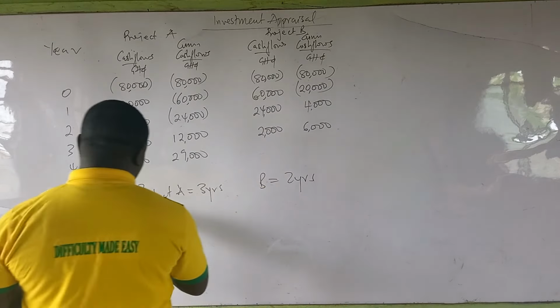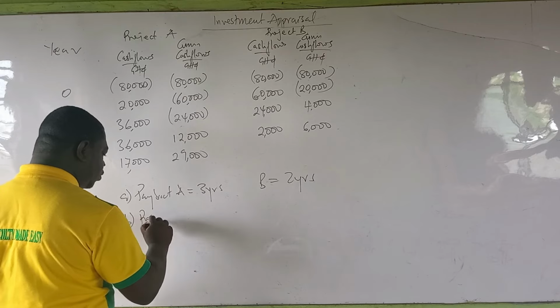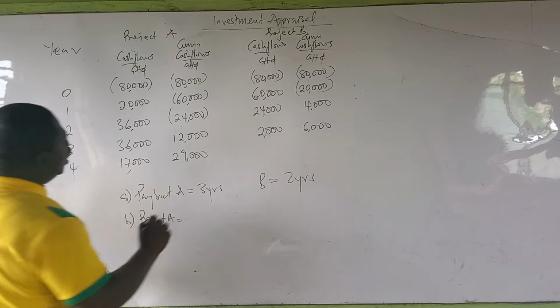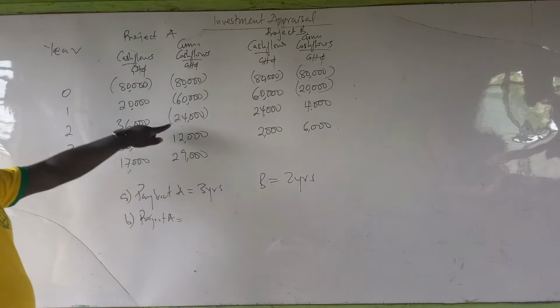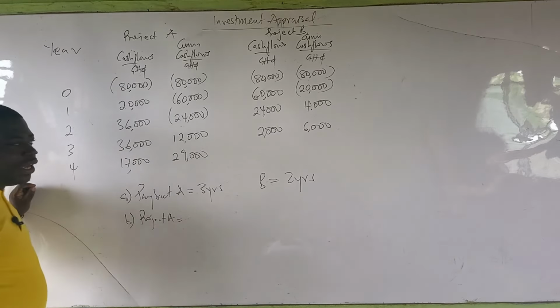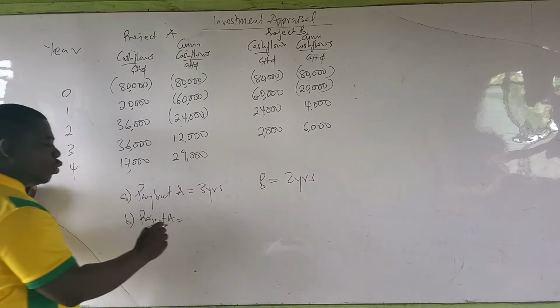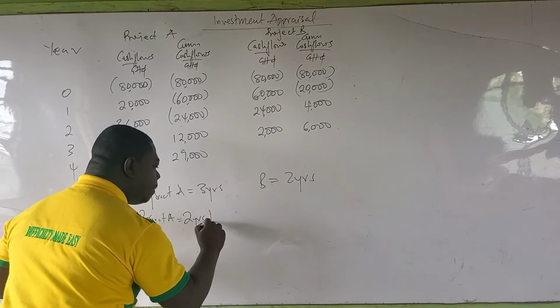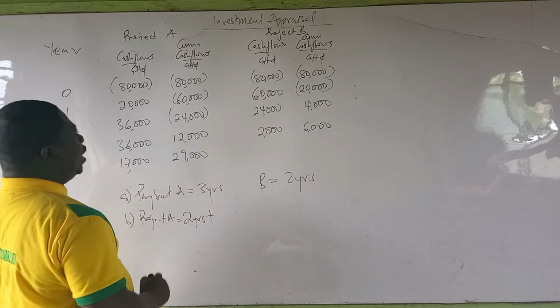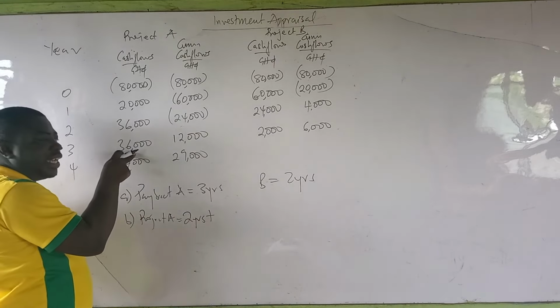So the payback for project A is going to be the 2 years plus some months in the 3rd year. It didn't take the entire 3rd year to pay back. It took some months. So it's going to be 2 years plus, okay? It was left with 24,000 to pay, and then we got 36,000.